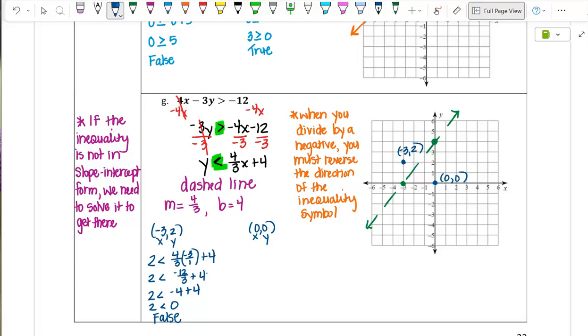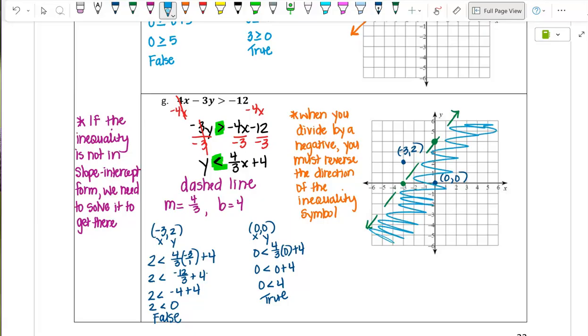So that means when I substitute in 0, 0, it should give me a true statement. So here 0 is less than 4/3 times 0 plus 4. 0 is less than 0 plus 4. 0 is less than 4. That is true, which means I need to shade the side of the graph where 0, 0 is.